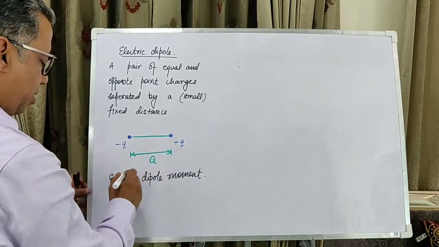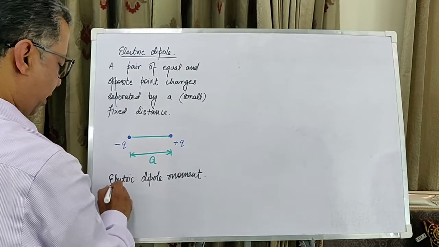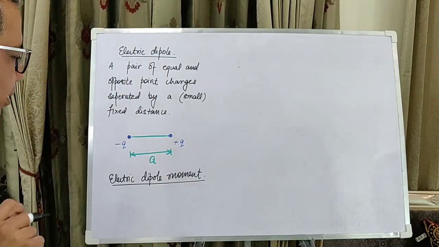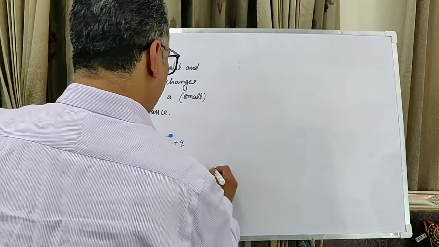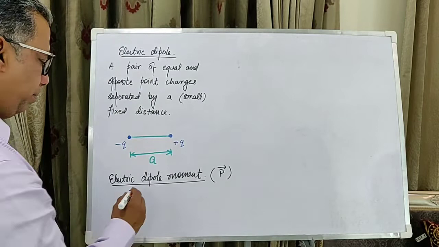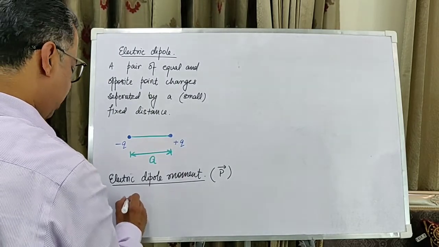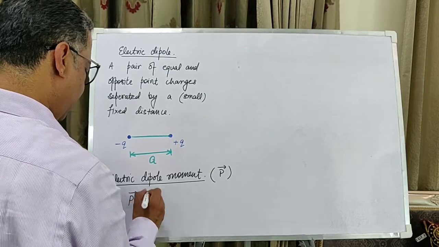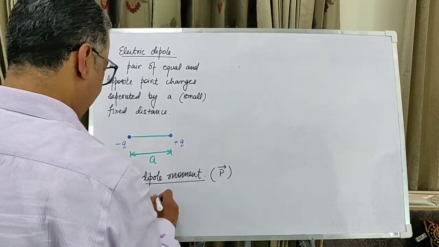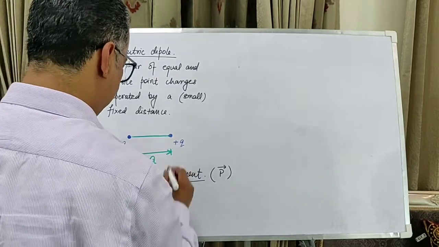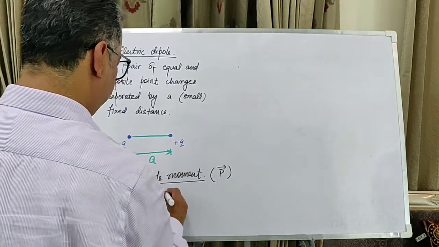So the physical quantity associated with an electric dipole is called an electric dipole moment, and it is represented by a vector quantity P. Now this vector quantity P, called the electric dipole moment, is given by the magnitude of one of these charges times the distance between them.